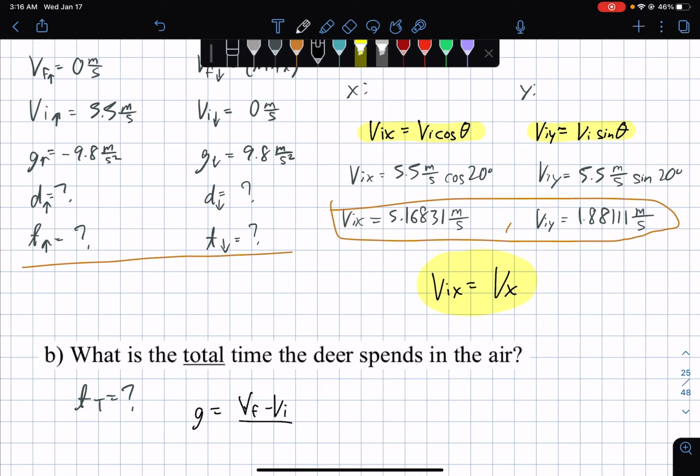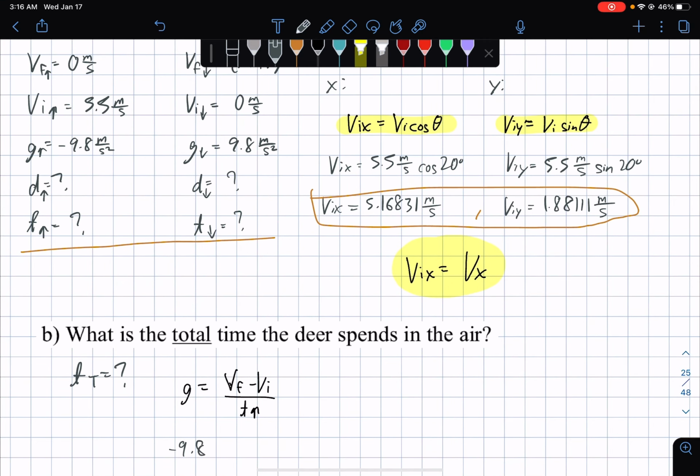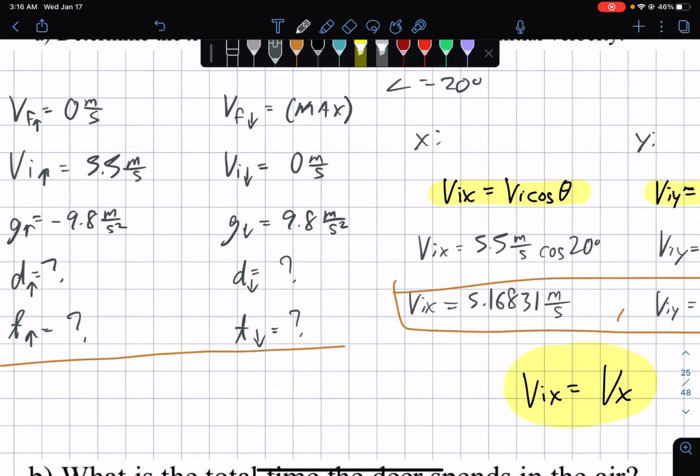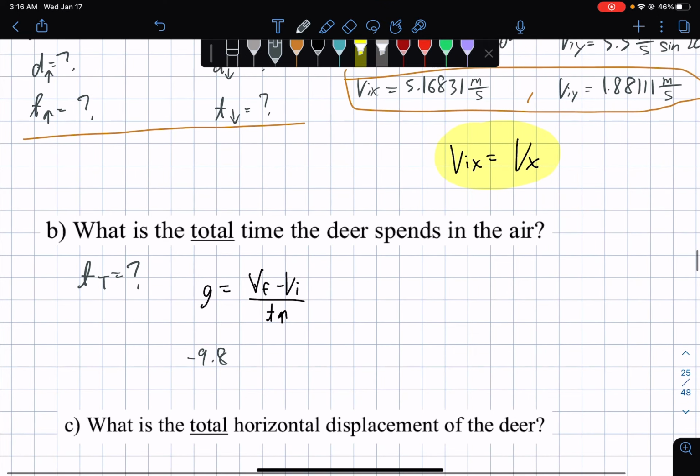Since it's equal to the time going down, we'll just multiply our answer by 2. We're going to do that because we don't know what the VF is going down. So yeah, let's just stick to what we have.